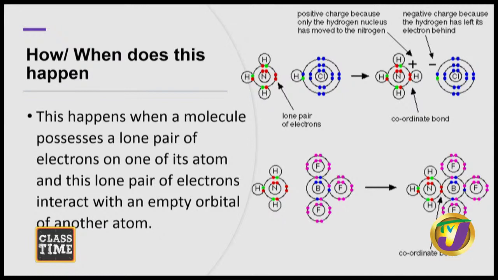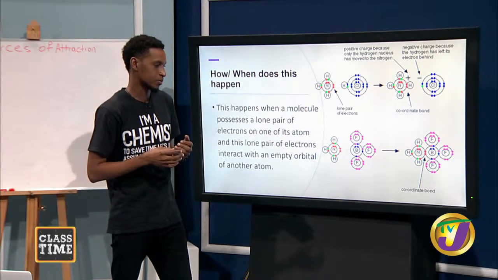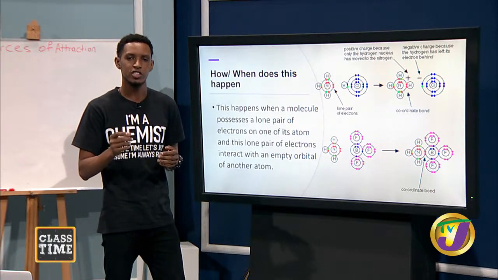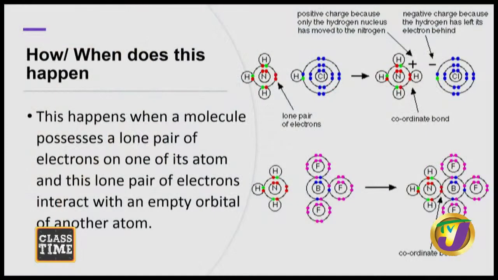Another scenario is when ammonia reacts with BF3. Now, you know that there's a lone pair of electrons on ammonia already. And I'm saying that on the boron in BF3, there is an empty p orbital. But how do I know that there's an empty orbital there?